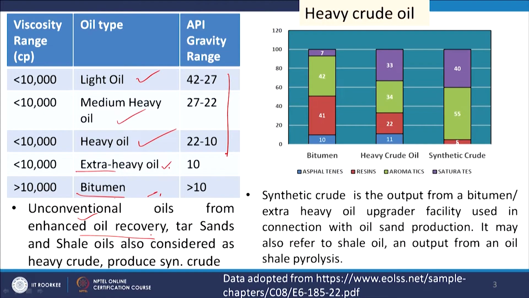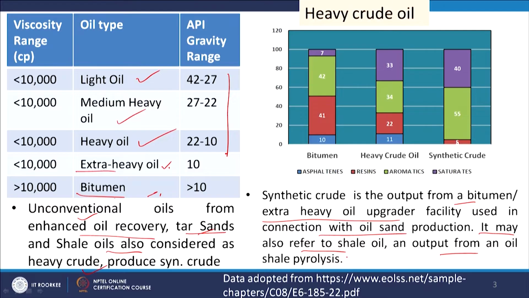So, unconventional oils from enhanced oil recovery or tar sands and shale oils are also considered as crude oil, and synthetic crude is obtained from bitumen, that is tar sands, and shale oils. So, synthetic crude is the output from a bitumen or extra heavy oil upgrader facility used in connection with oil sand production, and it may also refer to the shale oil output from an oil shale pyrolysis.